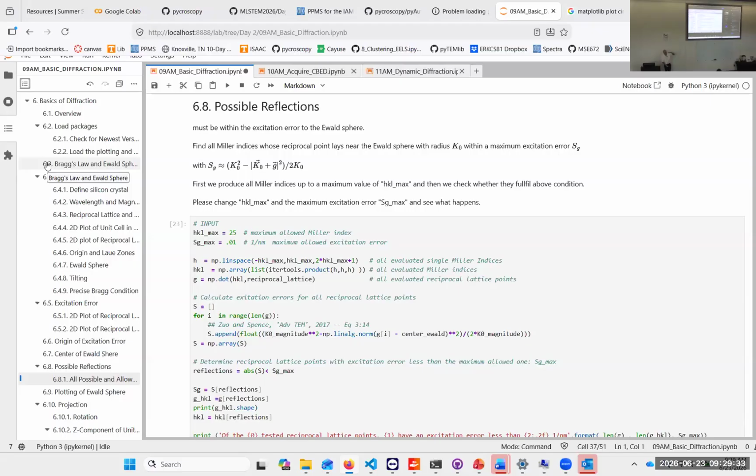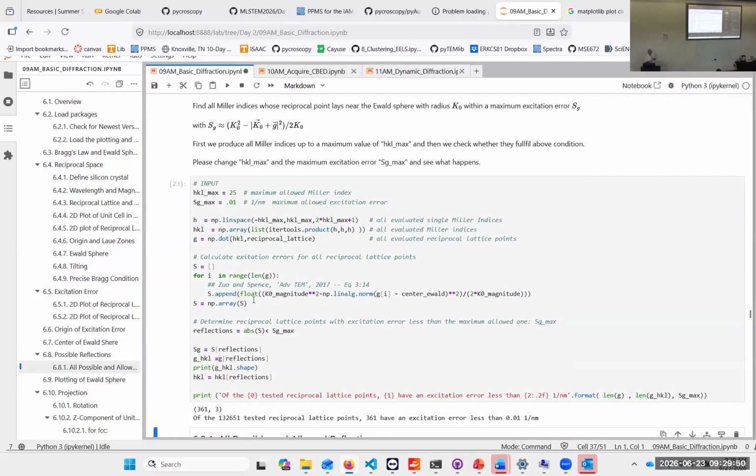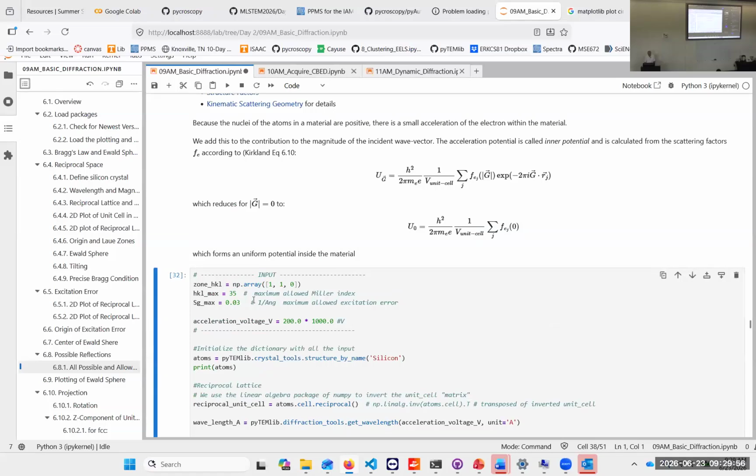It was so thin that the excitation error was extremely large. And so he could see all the diffractions. And even if you tilt them, you always have the same reflection. So that was a proof for that. So this concept is not unuseful, right? It's a very useful concept.